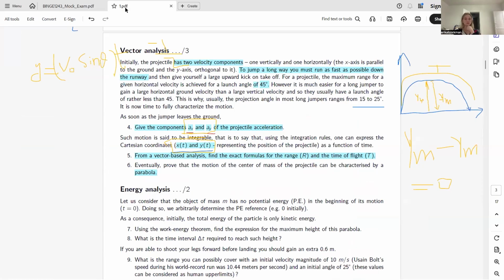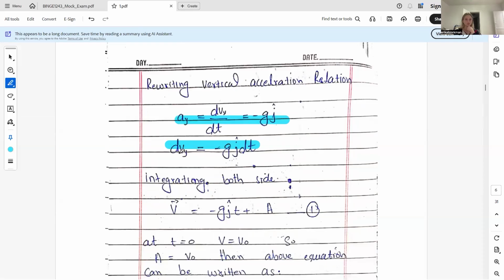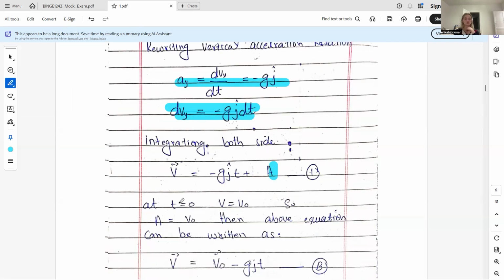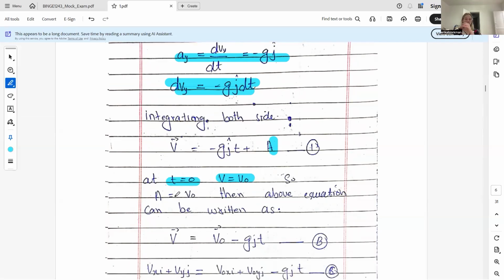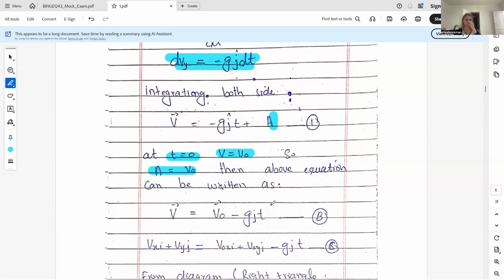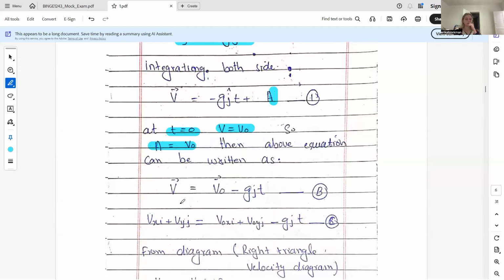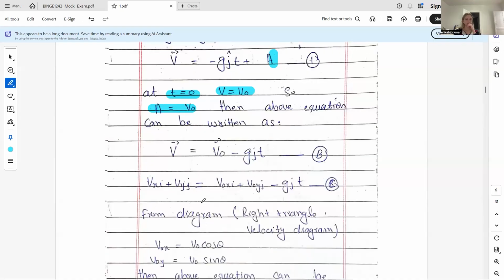So we use the integration rule, integrating both sides, having some integration constant. Applying the initial condition, when t was equal to 0, v was v naught, then the constant is equal to v naught, putting that in equation 1, we have equation 2. And we are also writing it in component form, vx i plus vy j is equal to v naught x i plus v naught y j minus g j t.